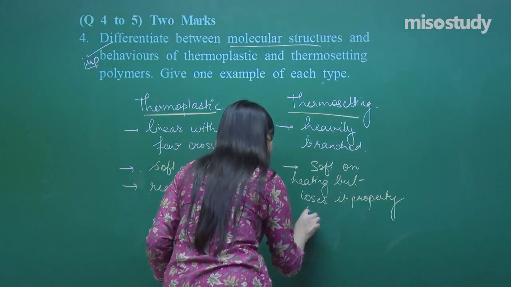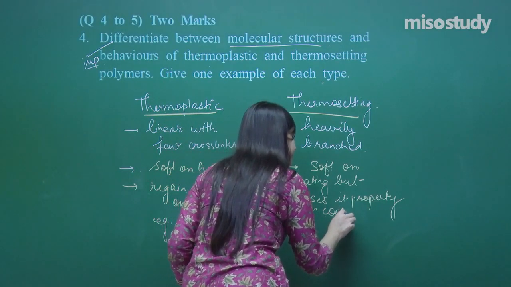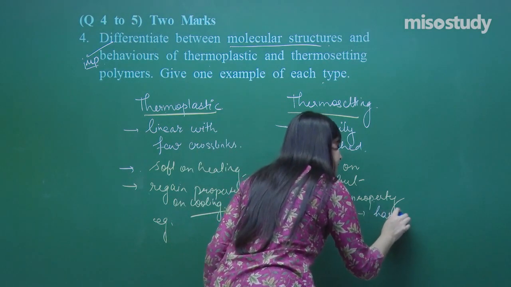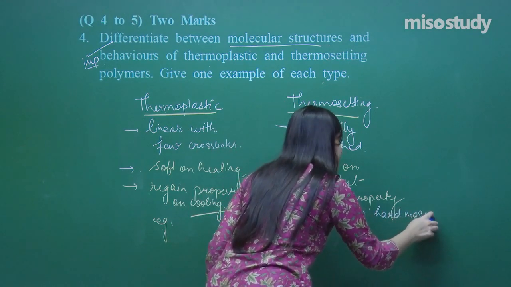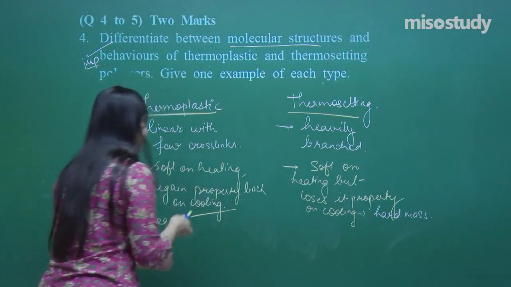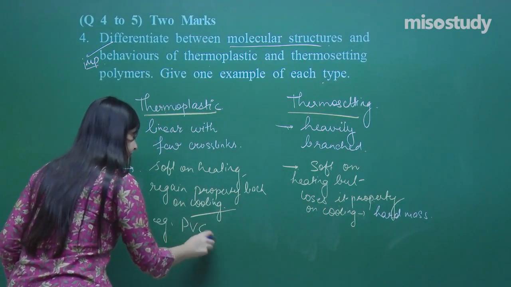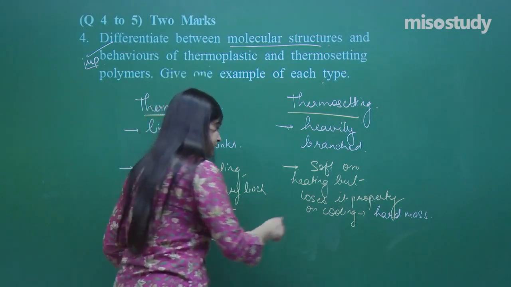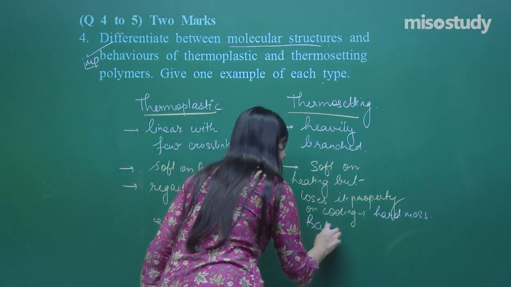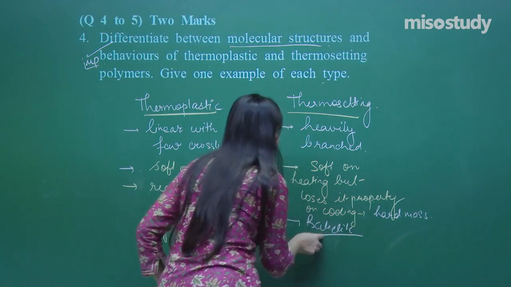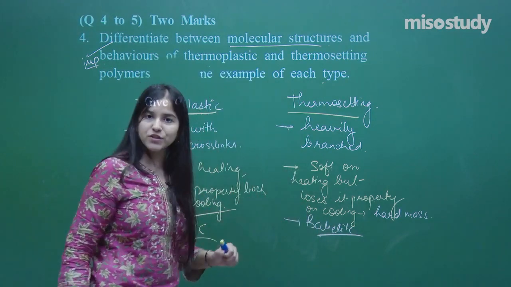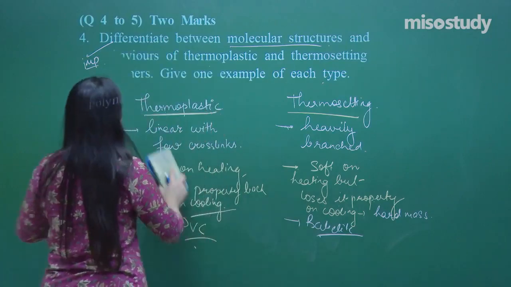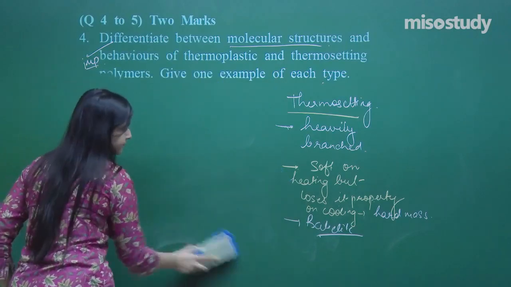And yes, the example for thermoplastic is PVC, right? And if I talk about thermosetting, it's bakelite, and this bakelite is used in electrical switches mostly, right? So I hope everybody has got this. Let's move on further.